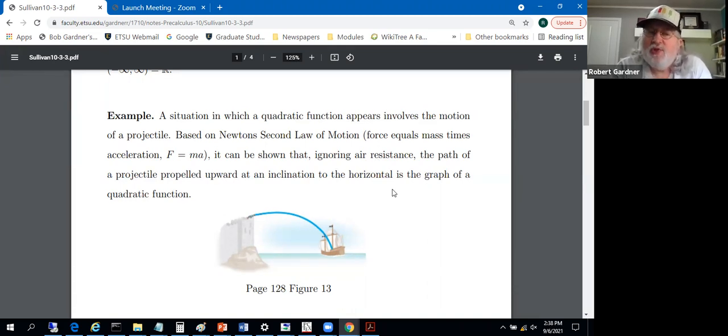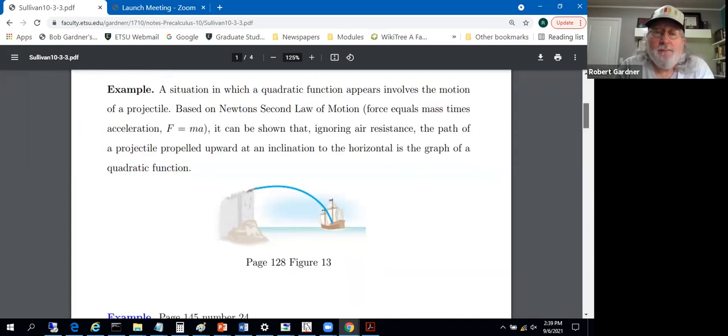You'll almost show this in Calculus 1, and I think you'll definitely show it in Calculus 3, and you'll likely show it in a sophomore physics class as well. So the idea is if you fire a projectile, then it's going to follow the graph of a quadratic function, as illustrated in figure 13 there.